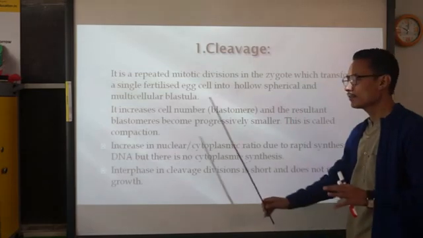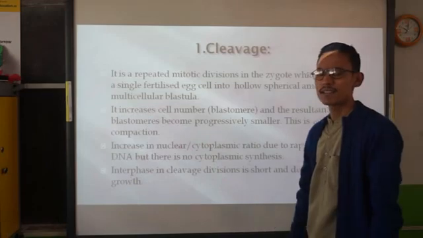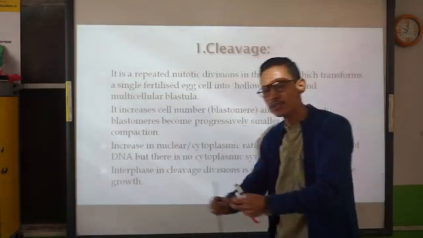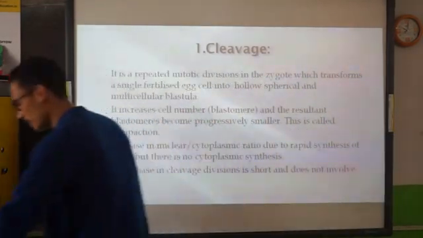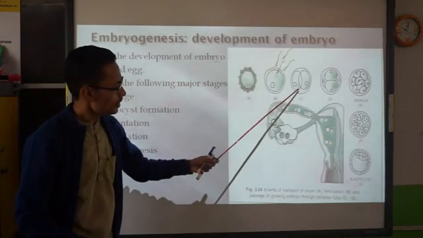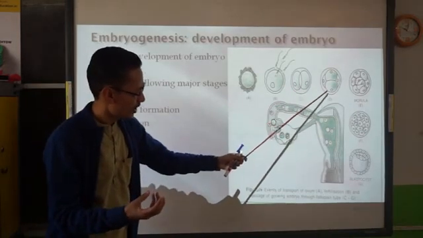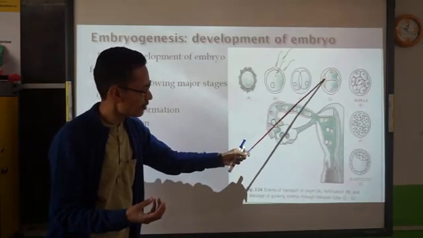And the resultant blastomeres become progressively smaller, which is called compaction. If you look over here in the previous figure, the 2 cell stage is a little bit larger. In the 4 cell stage, there are 2 larger and 2 smaller.